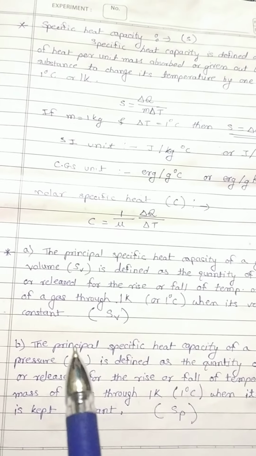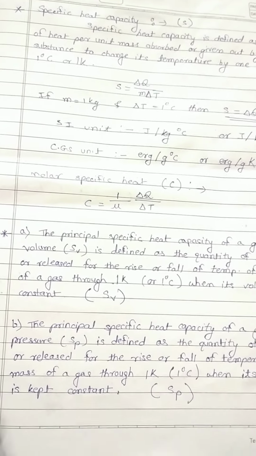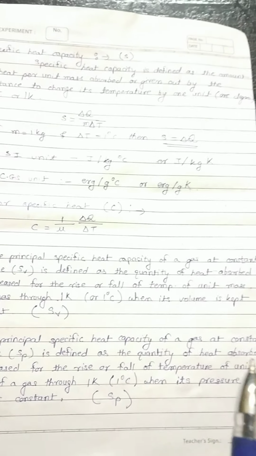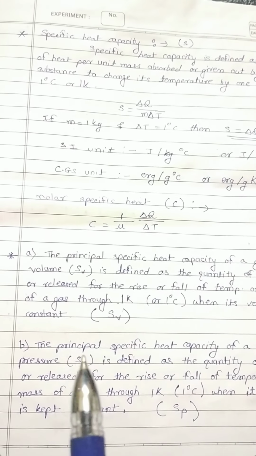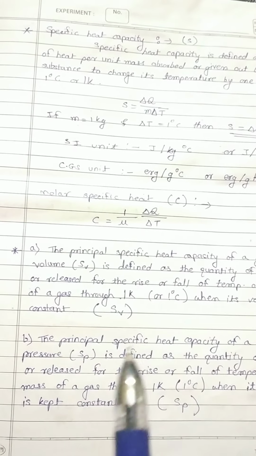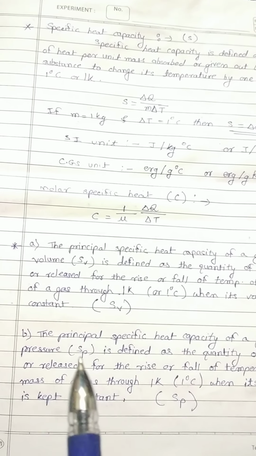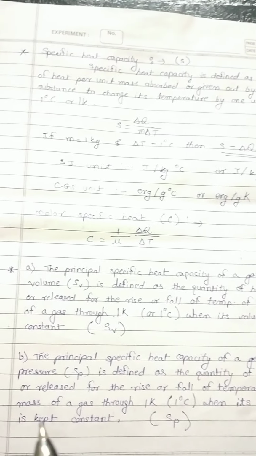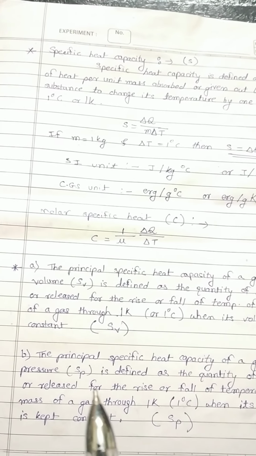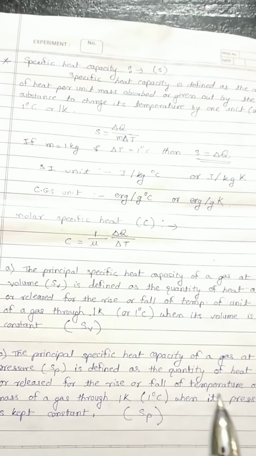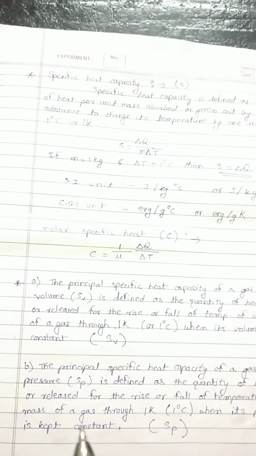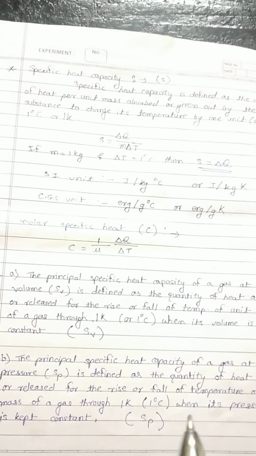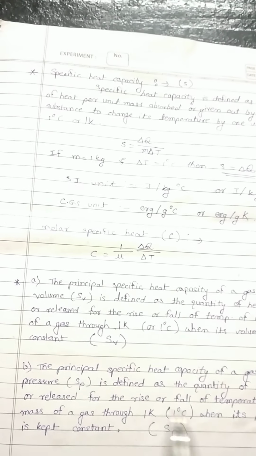If the pressure is constant, then the principal specific heat capacity of a gas at constant pressure, SP, is defined as the quantity of heat absorbed or released for the rise or fall of temperature of unit mass of gas through 1 Kelvin or 1 degree Celsius when its pressure is kept constant.